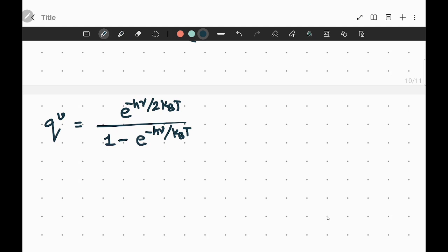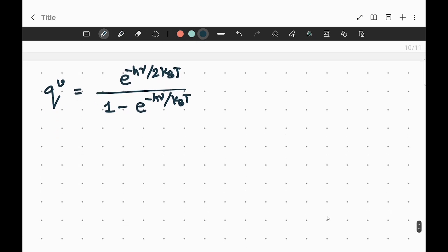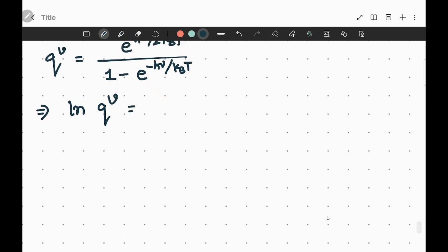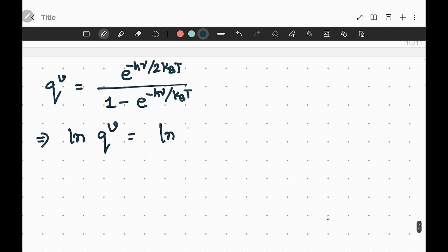First let us consider the original formula, then we will do the other formula, and we will check whether it is the same or different. So what will be the ln q? ln e to the power minus h nu by 2kBT.